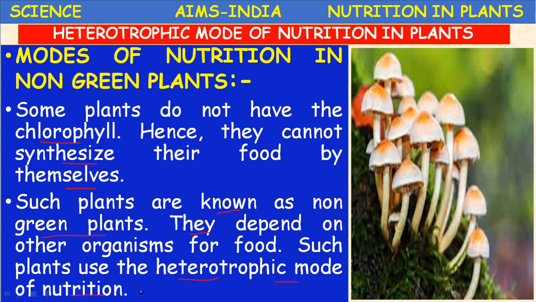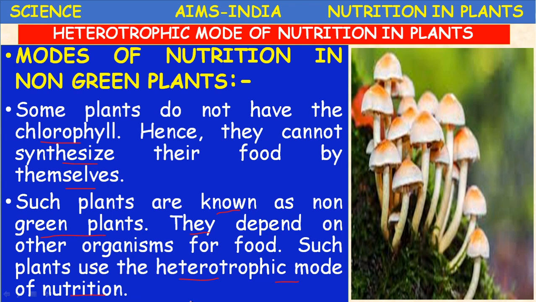What is heterotrophic mode of nutrition? The mode of nutrition in which the organism depends on other organisms for its food requirement is called heterotrophic nutrition. So not all plants, certain non-green plants are heterotrophic. They perform heterotrophic mode of nutrition.